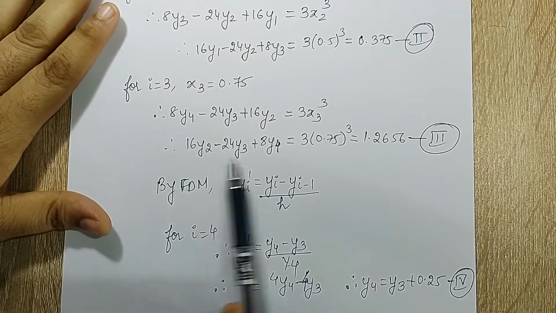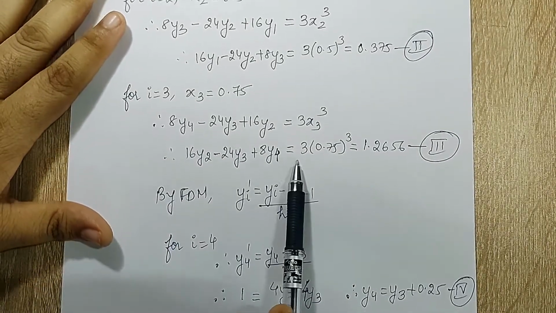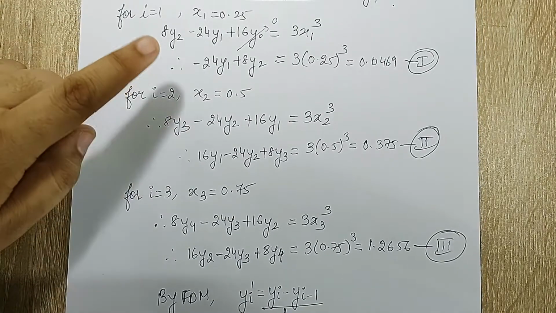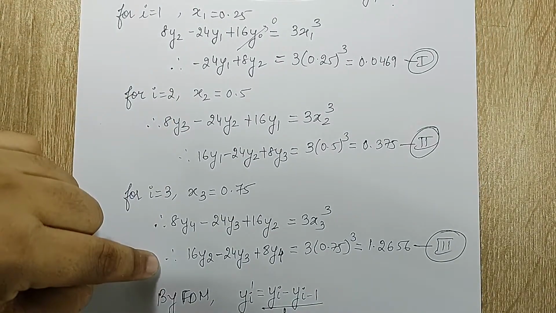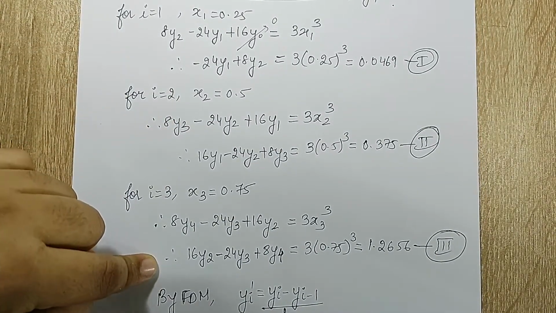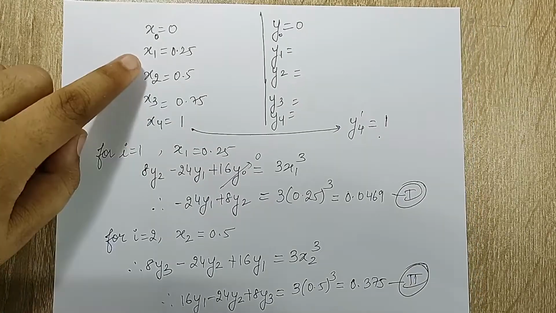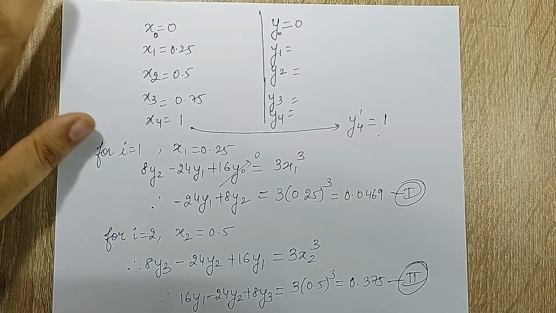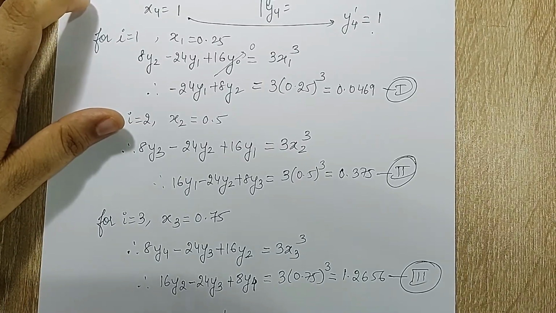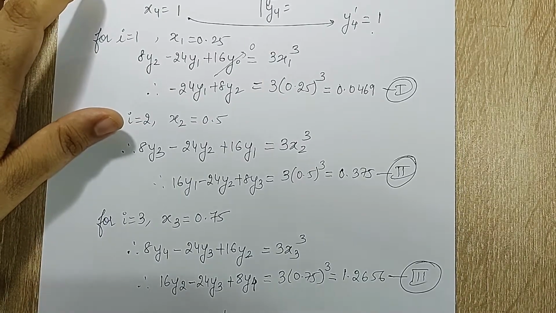So this equation now will be in terms of y2 and y3. Now if you observe equation 1, 2 and 3, there are only 3 unknowns left: y1, y2 and y3. Once I get the 3 values, I can calculate the values at these points. Once I get the values of y1, y2, y3, I can also calculate the value of y4.